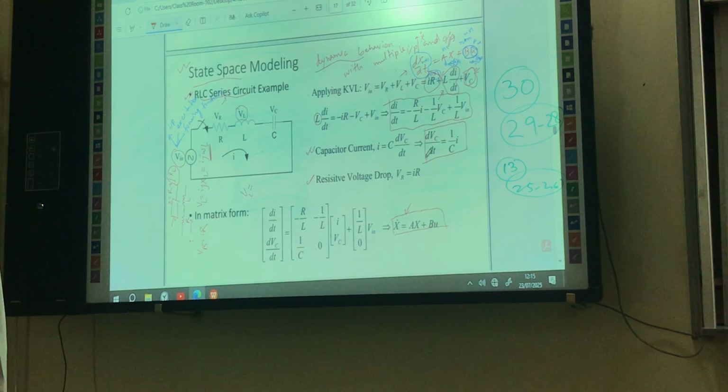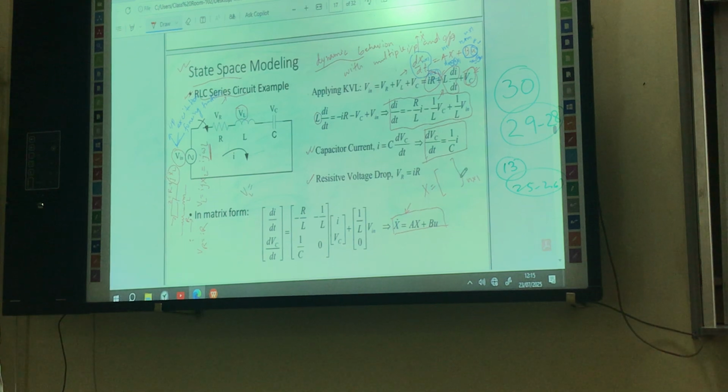Now we have to find out the number of state variables from these equations, and we also have to find out what the state variables actually are. State variables will be inside this X. It will be a column vector with the size of n by 1, right?